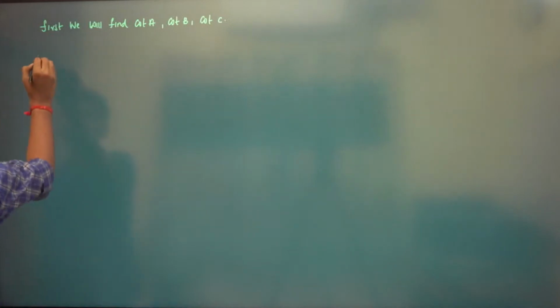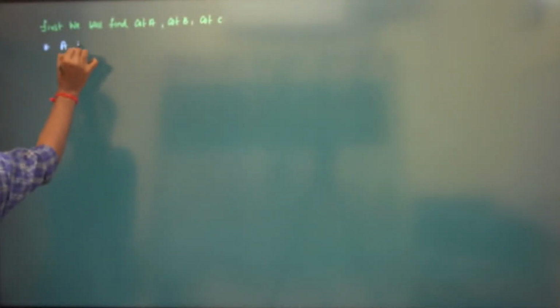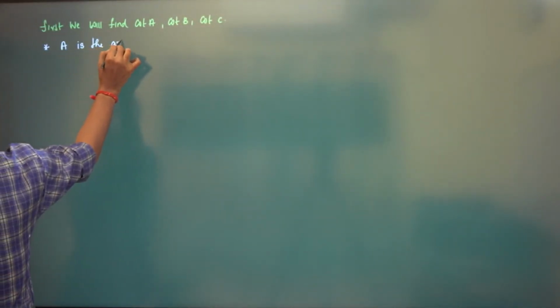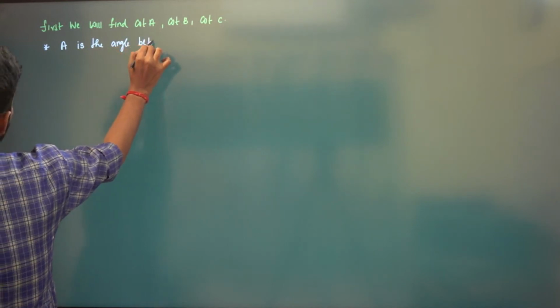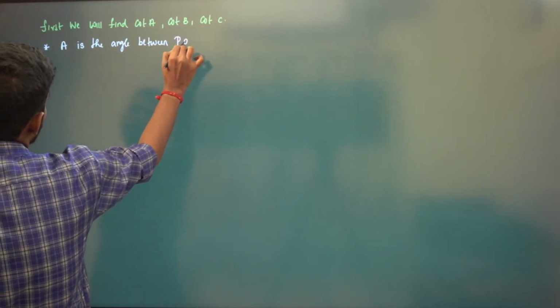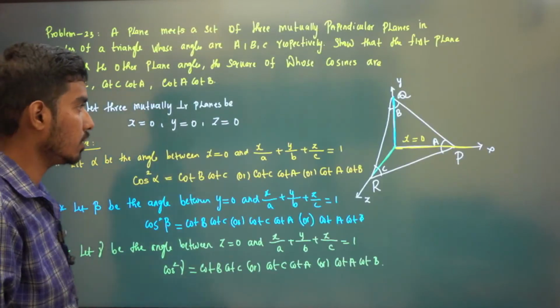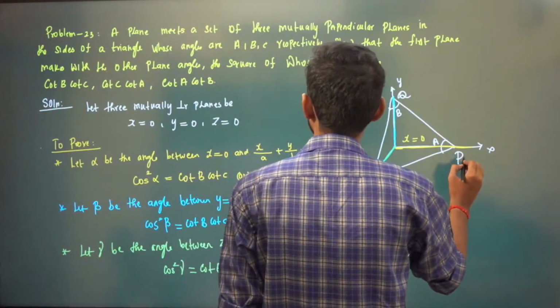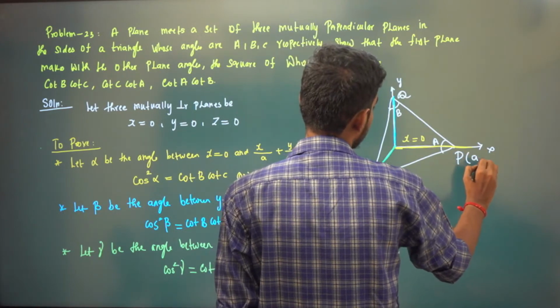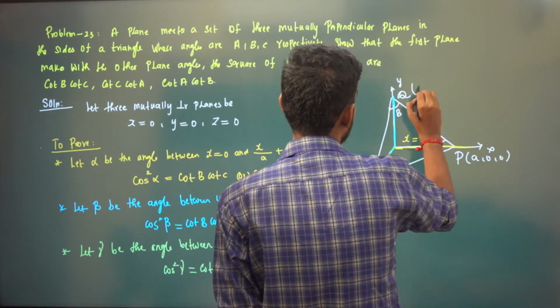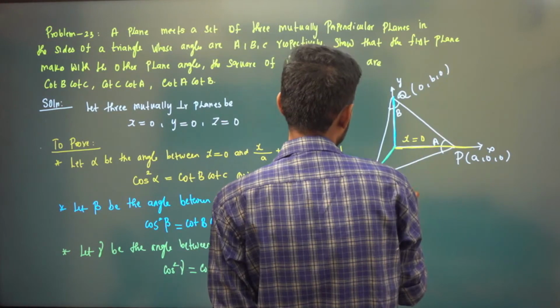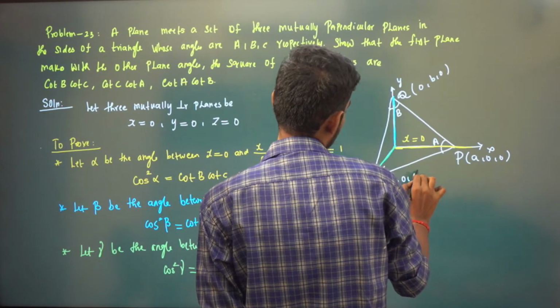Now this point P is (a, 0, 0), this is (0, b, 0), and this is (0, 0, c).